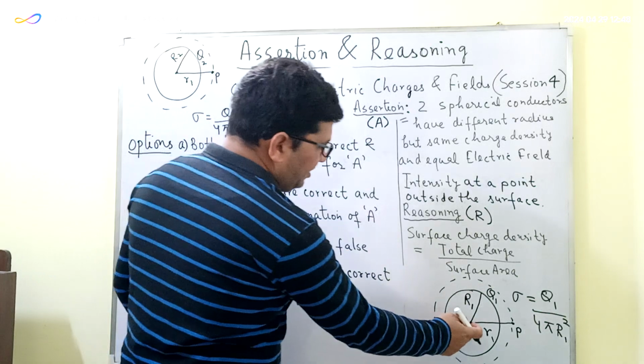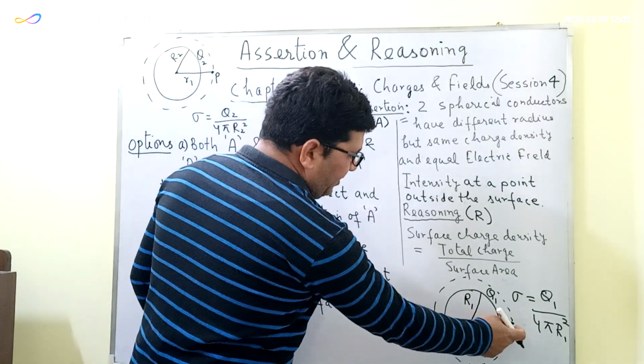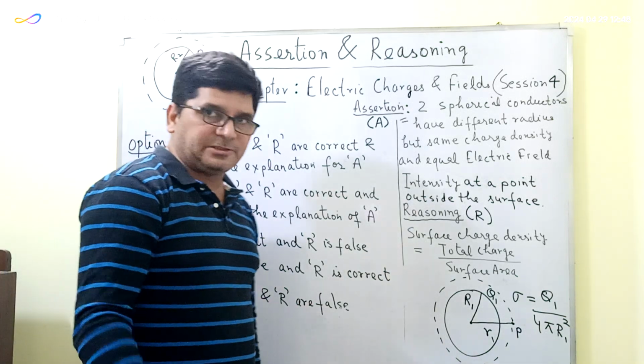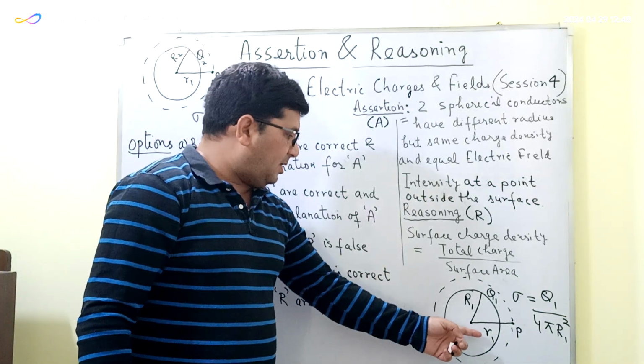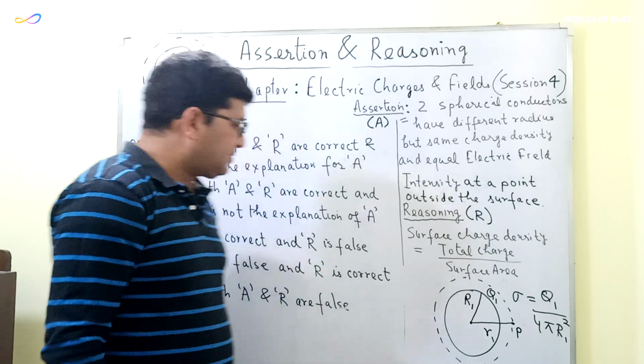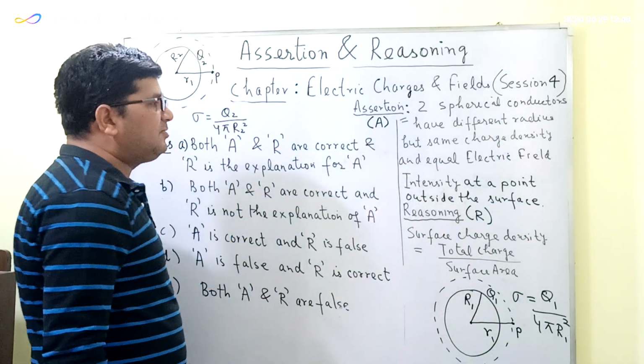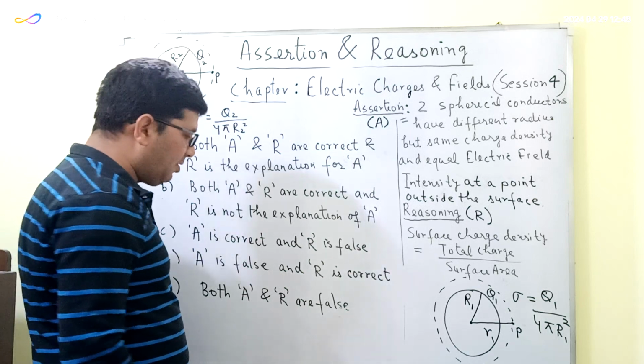That is, I have taken the distance of this point from the center of both the conductors as r1. It can be different also. So in this case, I will try to find the value of this electric field intensity using the Gauss law.